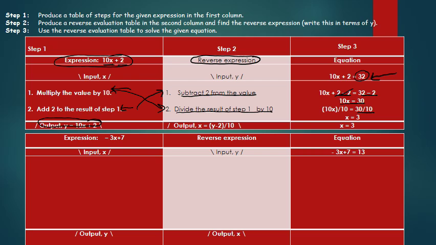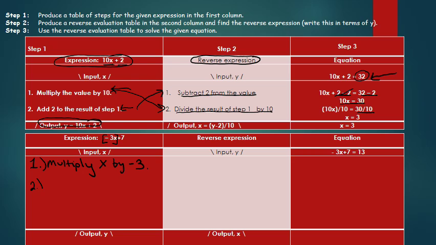So let's do the first step for the expression of negative 3x plus 7. So our first step, I see here, I'm multiplying my input by negative 3. So multiply x by negative 3.